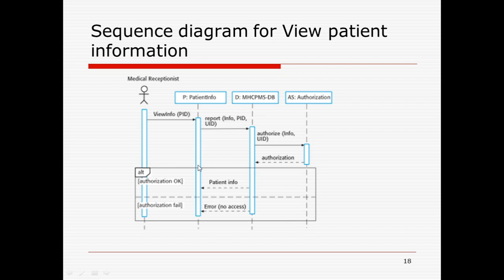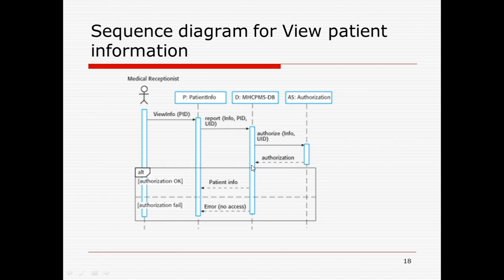Okay, and from there the report, that is the detail of that patient information and user ID, will be transferred to the mental healthcare patient management system database. Okay, then this database will contact the authorization module to identify whether this particular receptionist is authorized to view this patient data or not. Then if it is authorized, you can see the dash line here which is going back.